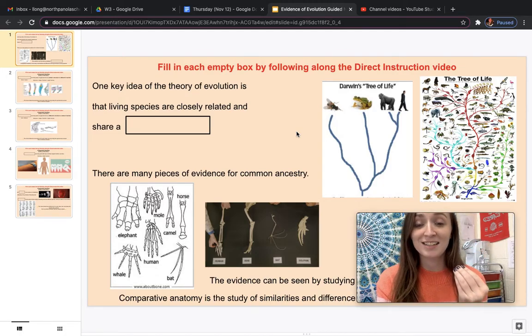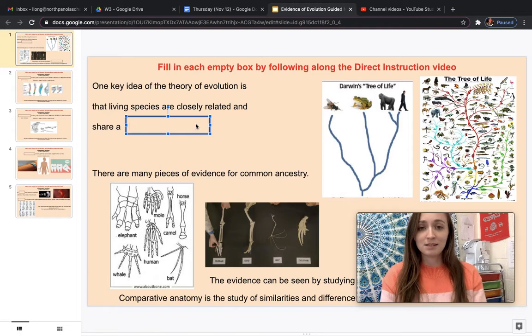One key idea of the theory of evolution that I really want to touch on is that since species have changed over time to form new species or to change how they look now, part of the theory of evolution is that we are all closely related because we all come from a common ancestor. Now, what the heck am I talking about?